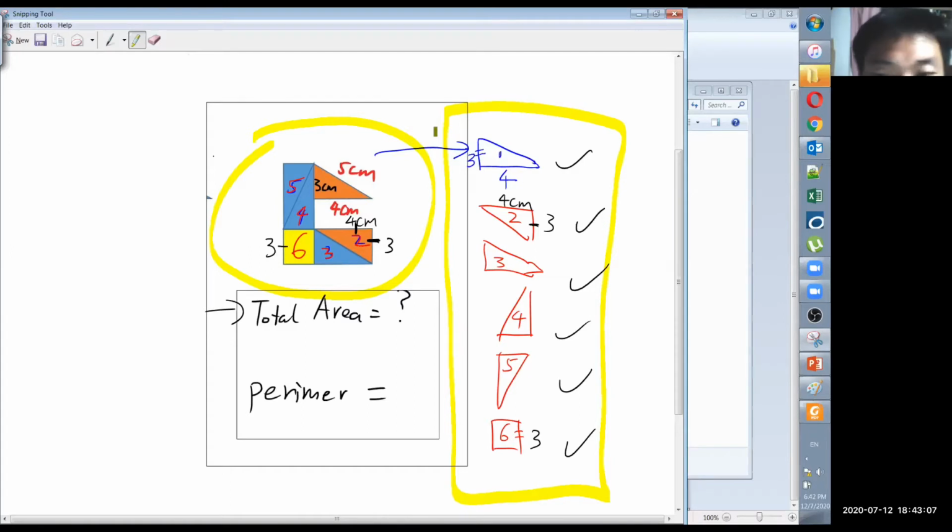So you ask me if you need to draw out the shape. My answer is yes, because once you draw all this shape, it guides you along. Without the shape, nothing guides you along. Okay, quickly draw down all these shapes. It's quite easy to draw all these shapes, right? I spent less than 1 minute. So draw this on a piece of paper, find the total area, and send it over.